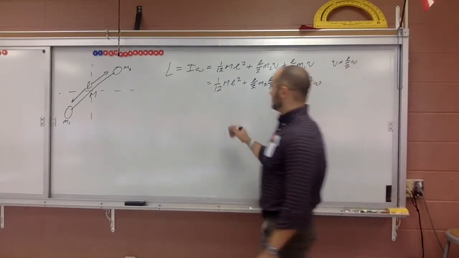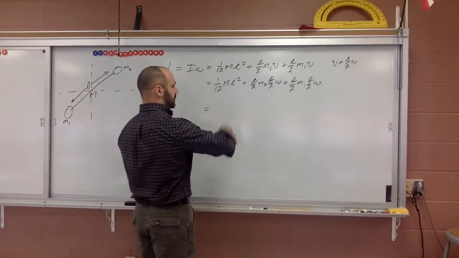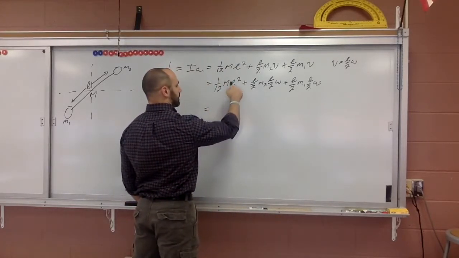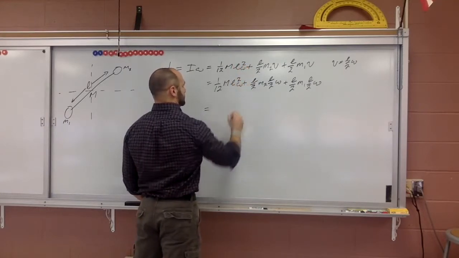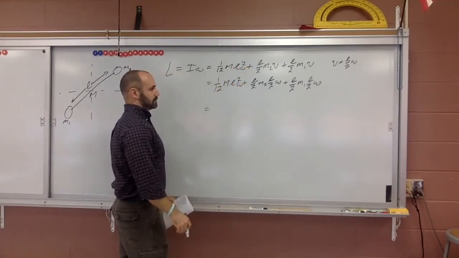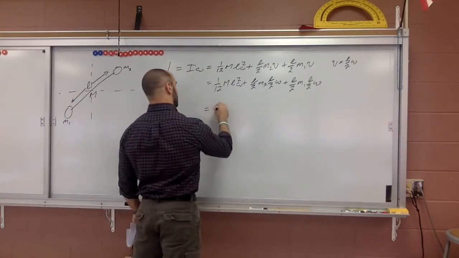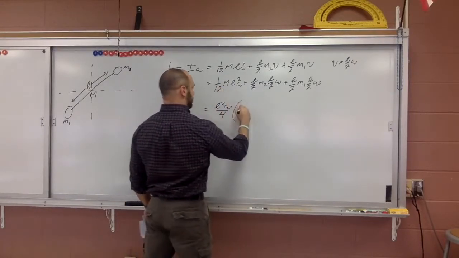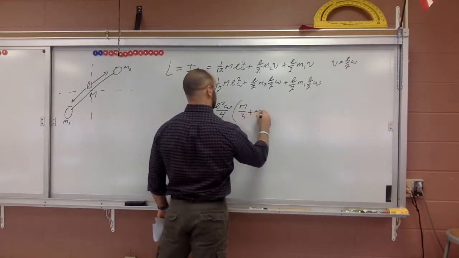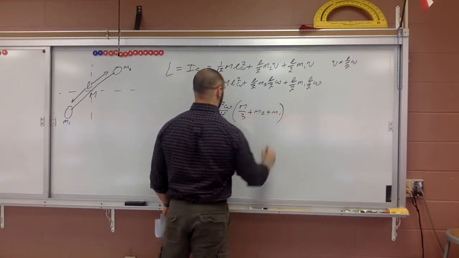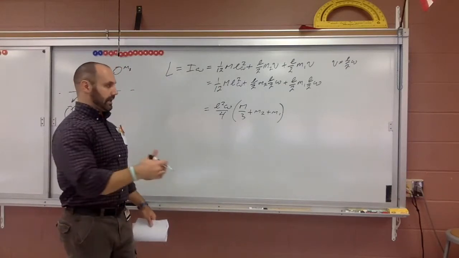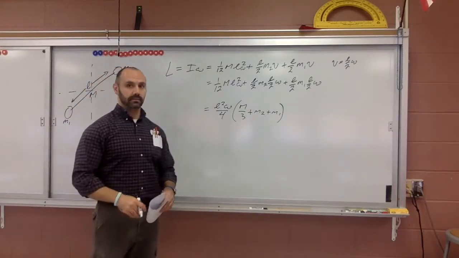Combine some stuff here and factor out, and let's see. Oh, this should have omega in it. Sorry about that. So omega, I can do L squared omega over 4, and then I'm left with just big M over 3 plus m2 plus m1. Right? And that's the angular momentum when it has angular velocity omega.